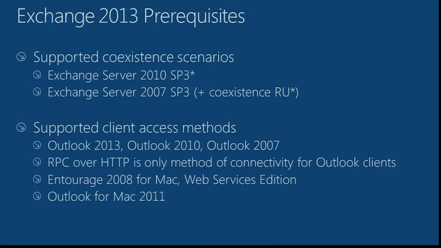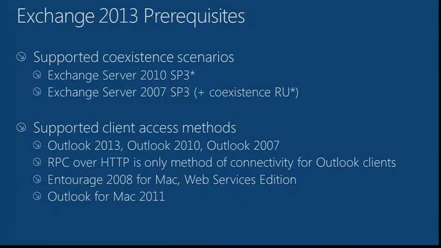You also need, with 2007, obviously SP3 for 2007 is out, but there is a coexistence rollup update that's needed as well. Now, as of today, our belief is that the update rollup that you'll need for 2007 is the latest one that we already released, update rollup 8.